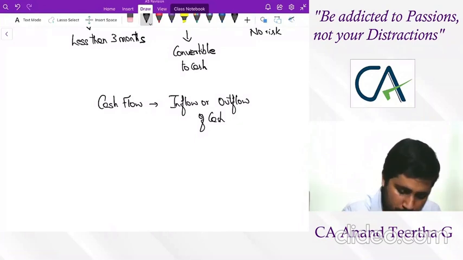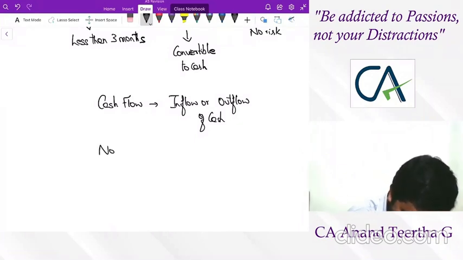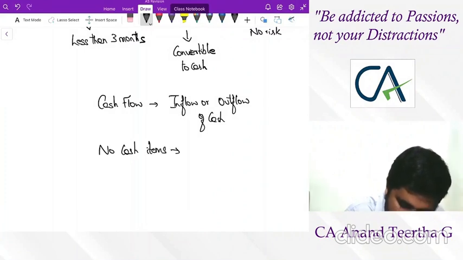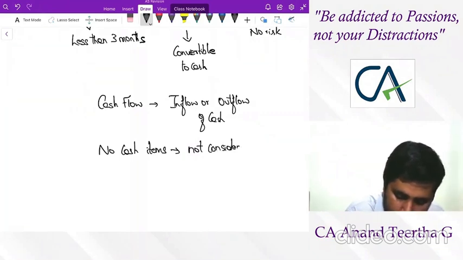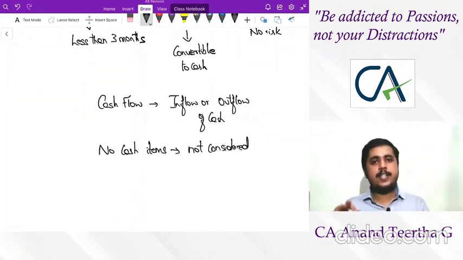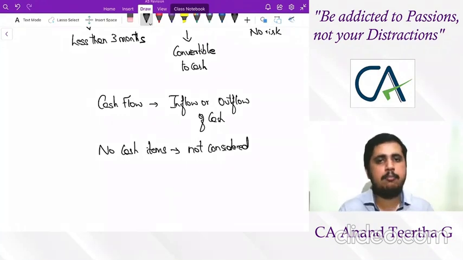So therefore, all the non-cash items are not considered for the cash flow statement at all. Depreciation is a non-cash item, it does not come into the cash flow statement. Profit or loss on sale, there is no cash.